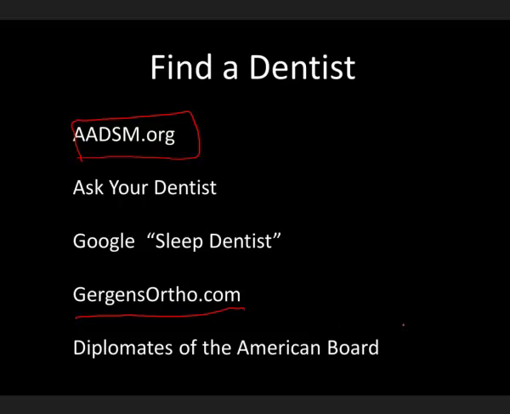And there's a special category, I'm one of those, you saw that coming up earlier, diplomates of the American Board of Dental Sleep Medicine. There's a few of us, I think about 200, and what we've done is declared that we are interested in doing this, passed the test, and established that we know what we're doing. But mostly we're serious about it.